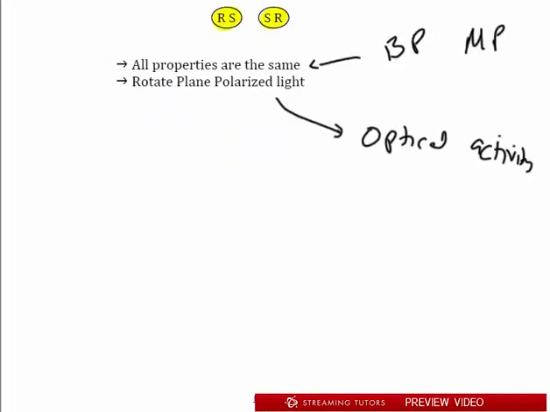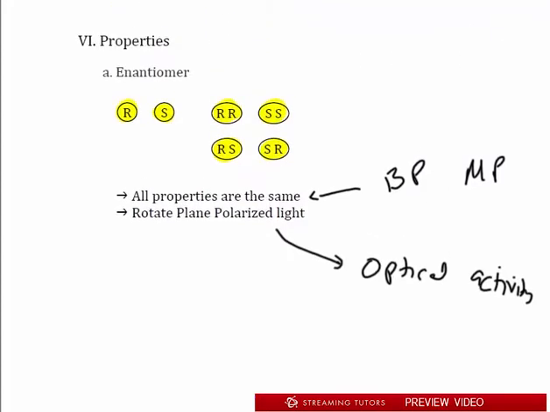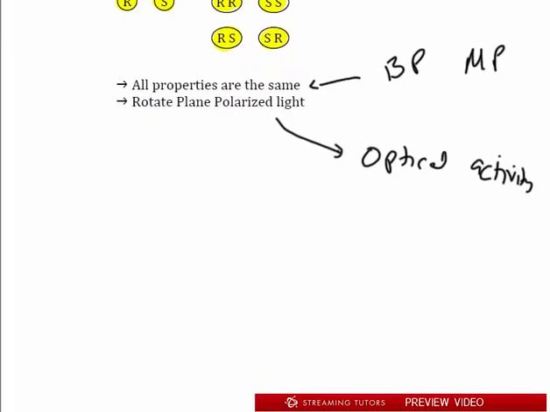The fact that they have the same boiling point and melting point really presents a problem, because most of our separation techniques in a lab have to do with separating compounds based on a property, but enantiomers have all the same properties. The only other difference is that they have different biological activity.